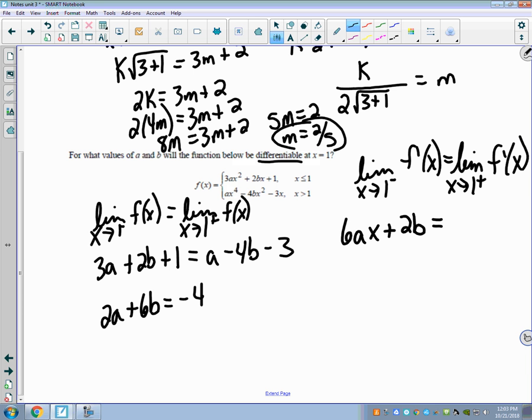So the derivative of the left side would be 6ax plus 2b. And here would be 4ax cubed minus 8bx, right? Oh, minus 3. I'm out of room.